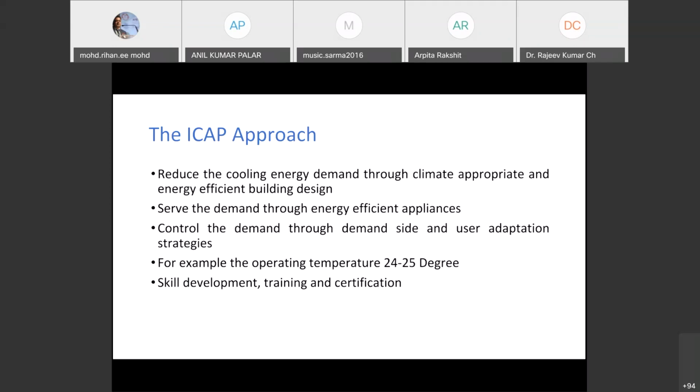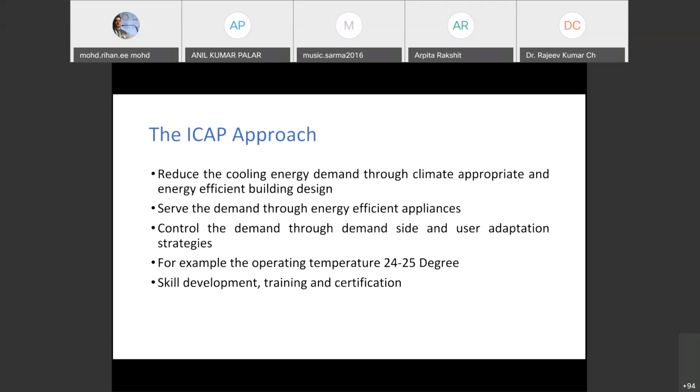People should know where they should install an inverter AC, where they should install a 5-star AC, and they should know that it is better to go for energy efficient ACs only. Then, of course, if not required, do not use it. That is, wastage has to be minimized.